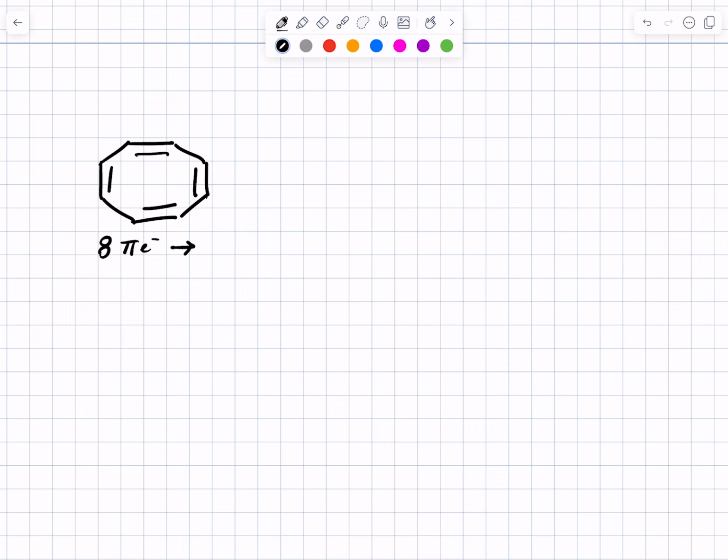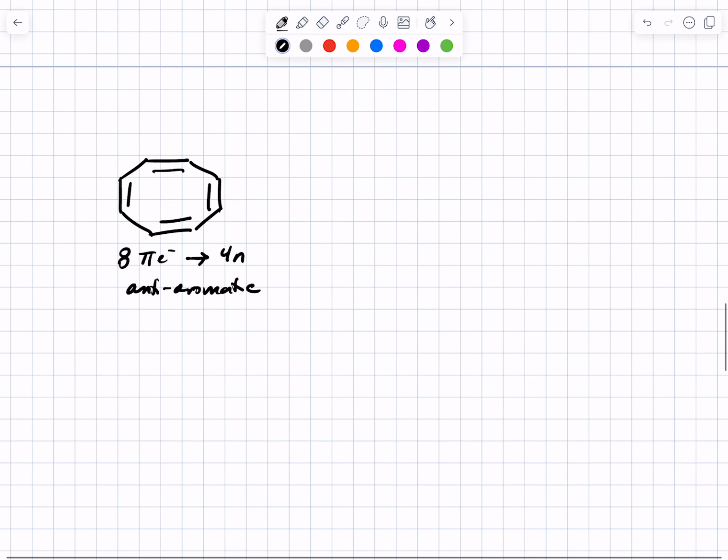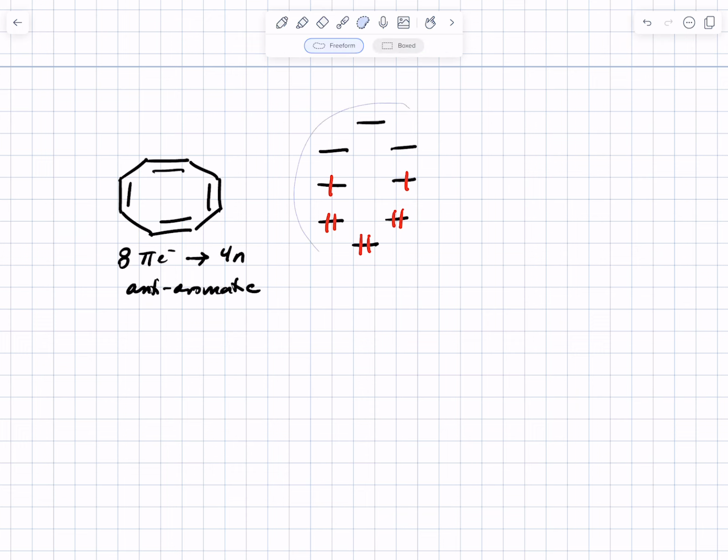So that's from the 4n rule, that's anti-aromatic. If we were to draw the orbitals, and I'll show you how to do this, there's a mnemonic device that we'll learn next time, but the pi molecular orbitals for cyclooctatetraene look like this. We would fill these two, and then the higher energy ones would be like this. Basically, again, like a diradical.